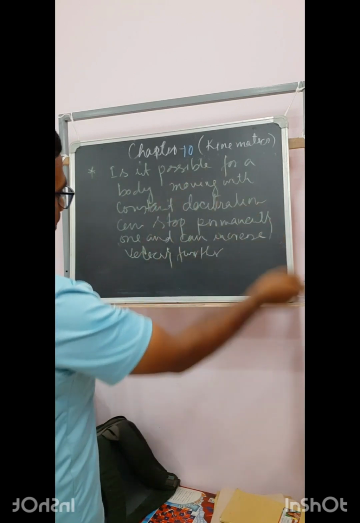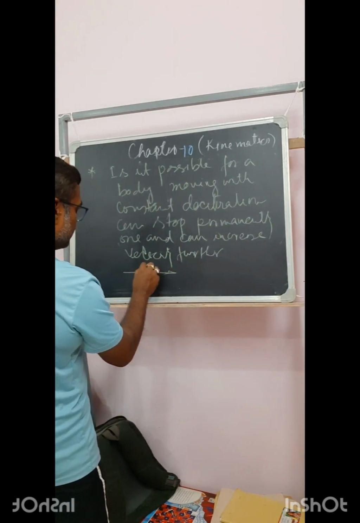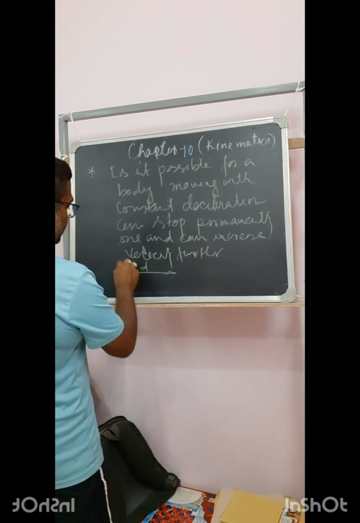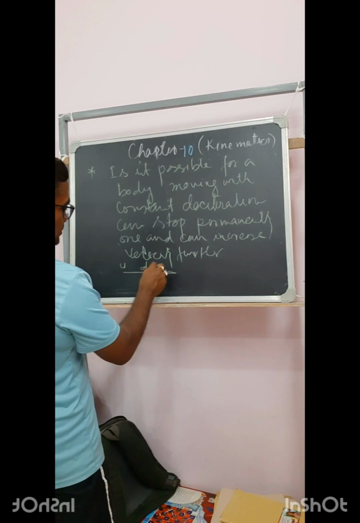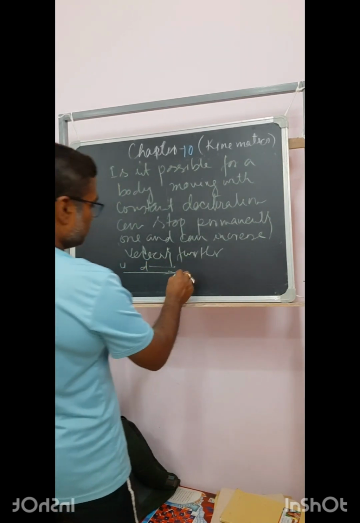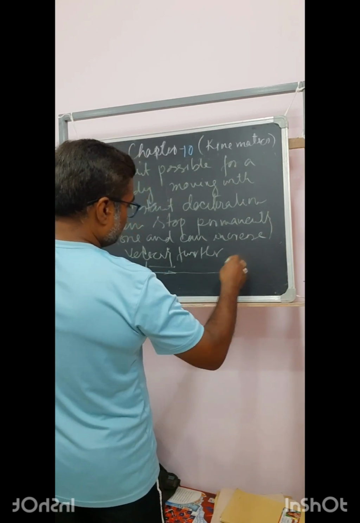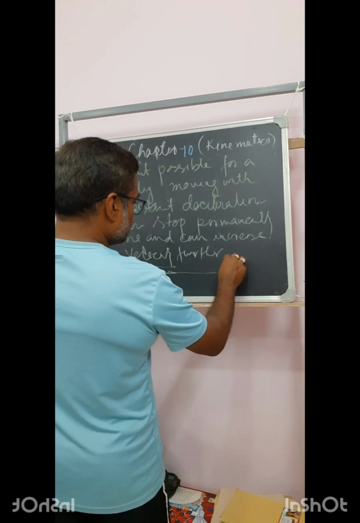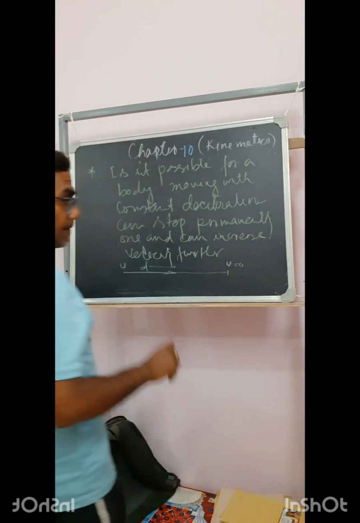Because as per the understanding, when a particle is moving with deceleration, that means the velocity from the initial condition is constantly reducing. So if it is going like that, after some distance it must come to a standstill. That means the final velocity must be zero.